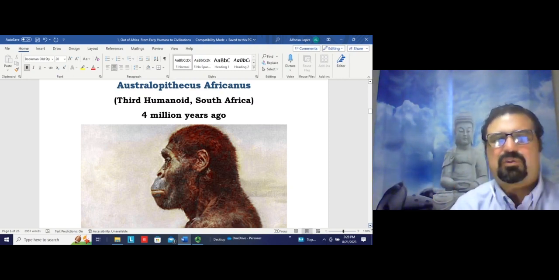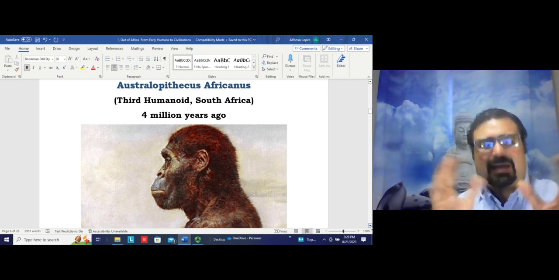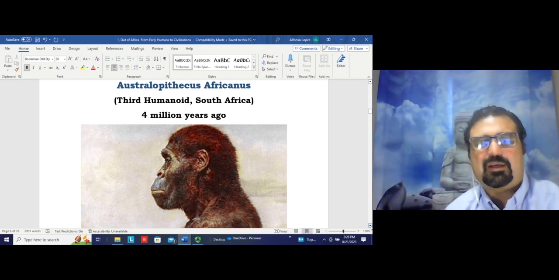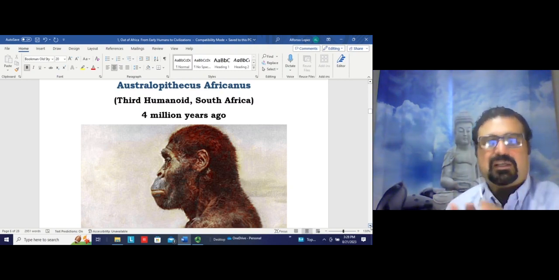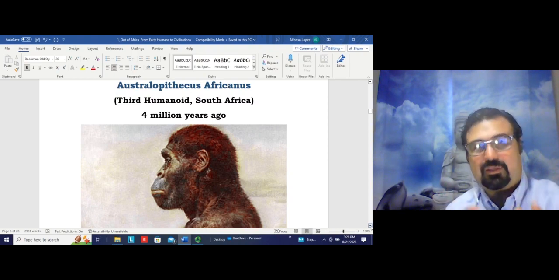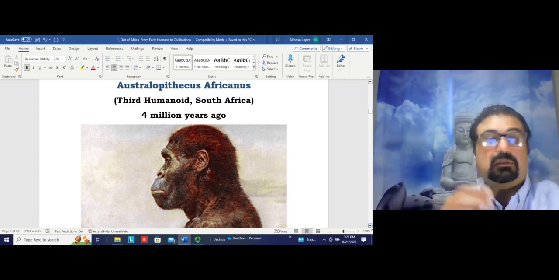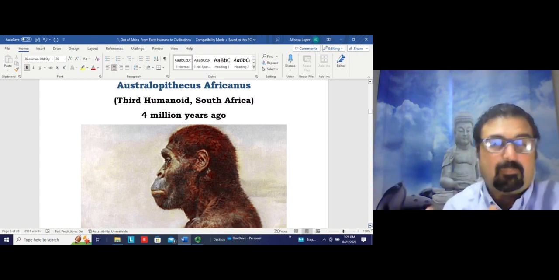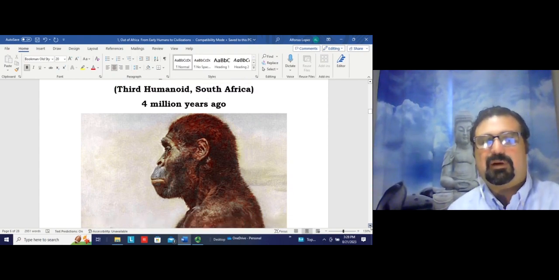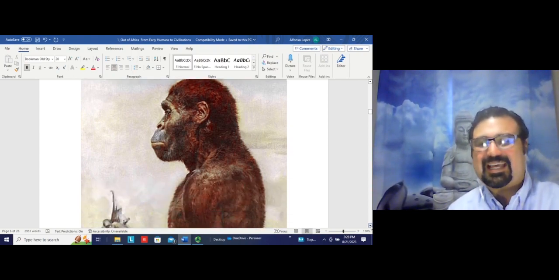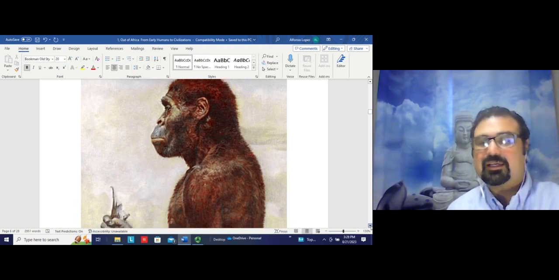So far the first two that I mentioned had small brains, so to speak, compared now to the Australopithecus. So the brain is growing and expanding. It is mutating, in other words. So we see again this branch of humanoids about 4 million years ago. This is how that humanoid looked.